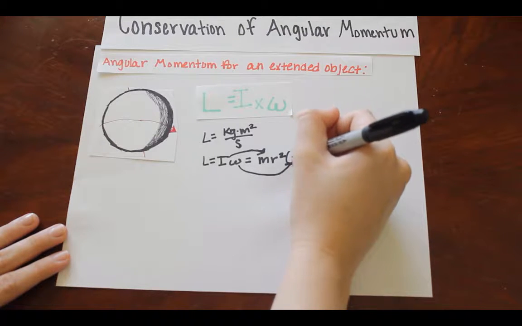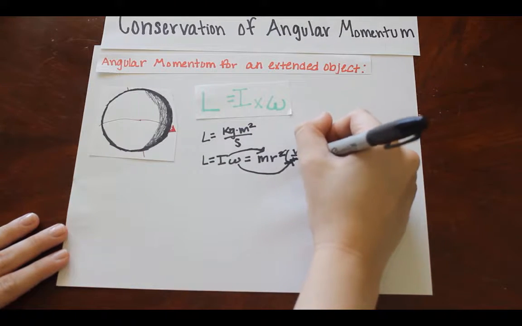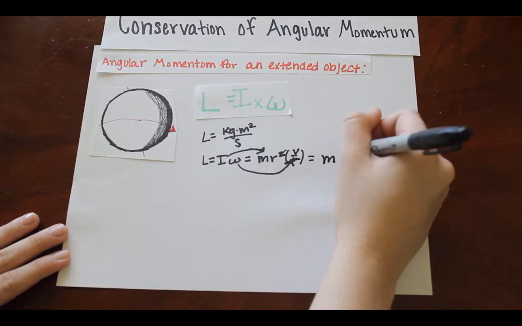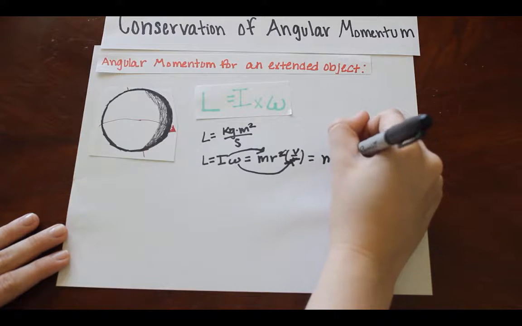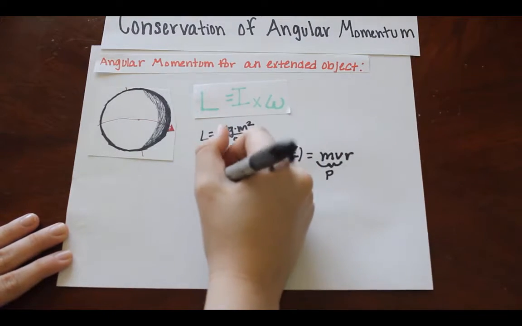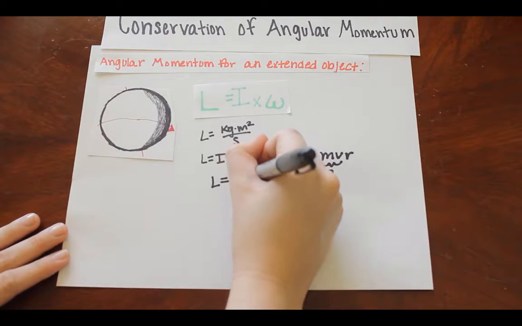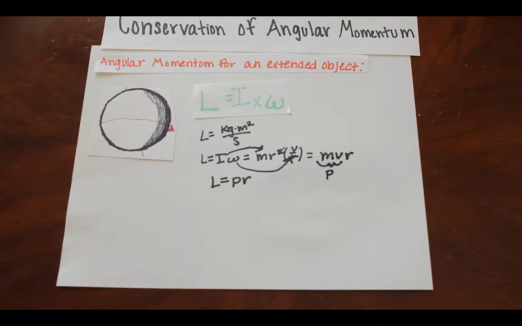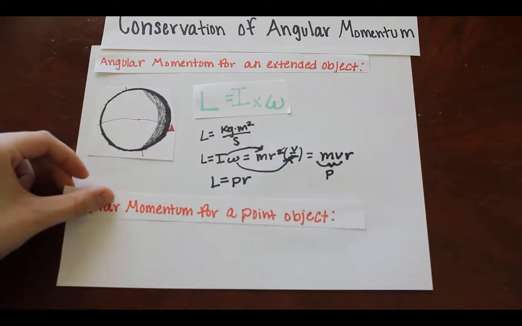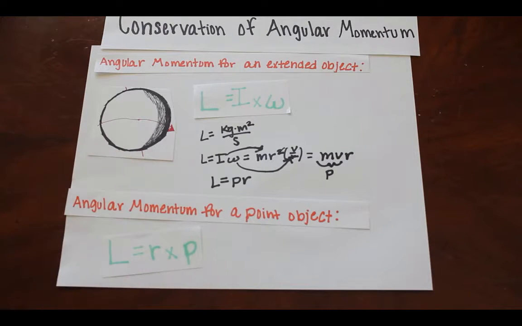So we can cancel out one of our r's, which gives us the equation mvr. Now mv is the equation for momentum. So that gives us the equation L equals p, momentum, times the radius, which is the angular momentum for a point object.